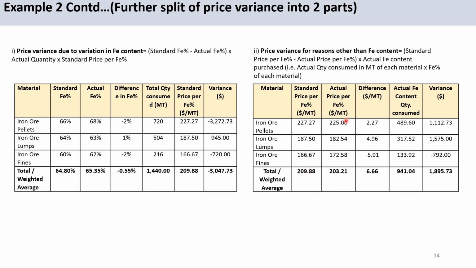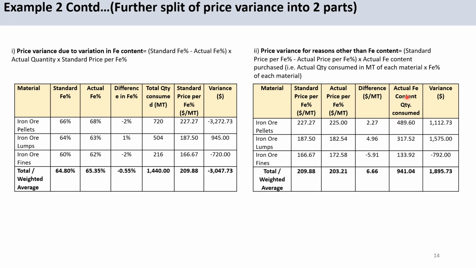Actual price per Fe percentage is 225 for pellets, 182.54 for lumps, and 172.58 for fines. So the weighted average is 203.21. The difference between the two is calculated in this column: 2.27, 4.96, and minus 5.91 for pellets, lumps, and fines respectively. So the weighted average difference comes to $6.6 per ton.